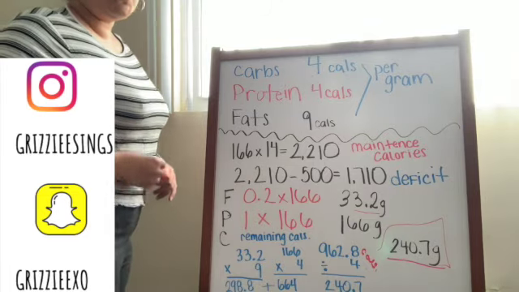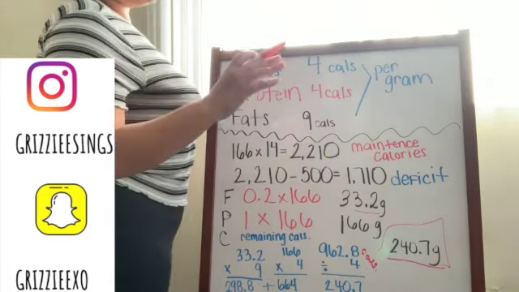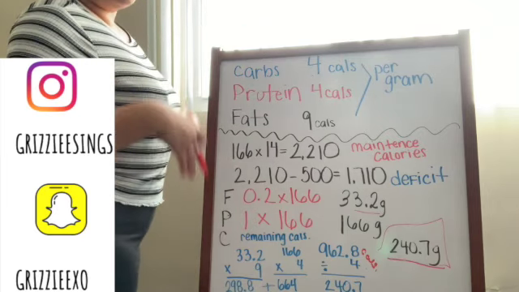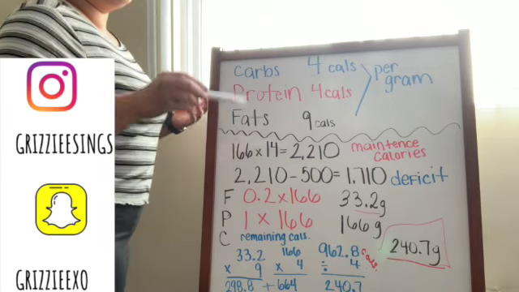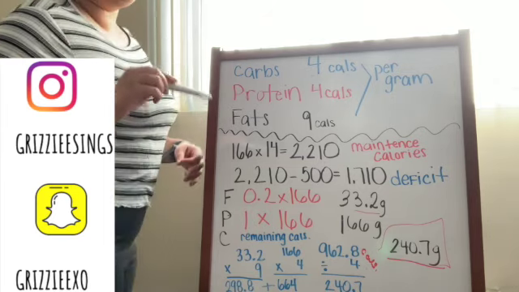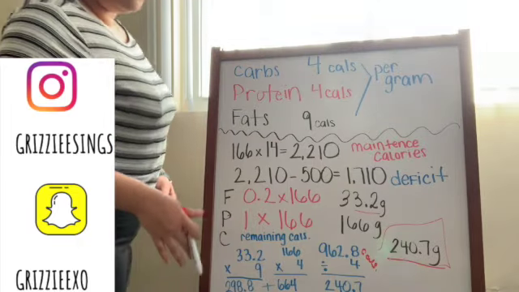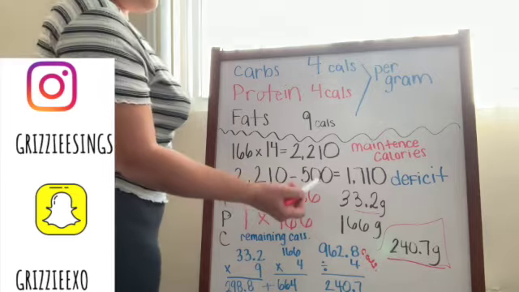Now we're going to use our maintenance calorie number to determine how many calories less we need to be in a caloric deficit. You can consume anywhere between 300 to 500 calories less. Since I'm trying to lose weight faster and more weight, I'm going to use 500.